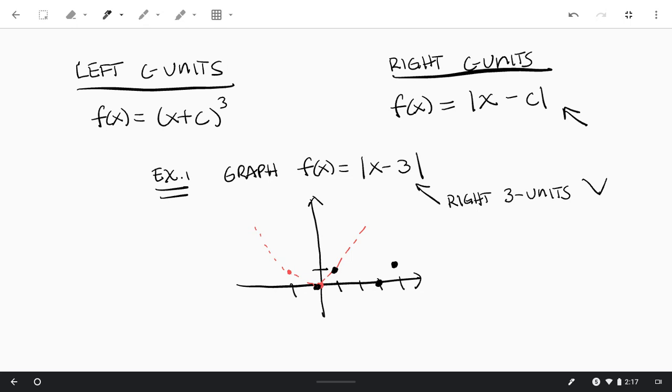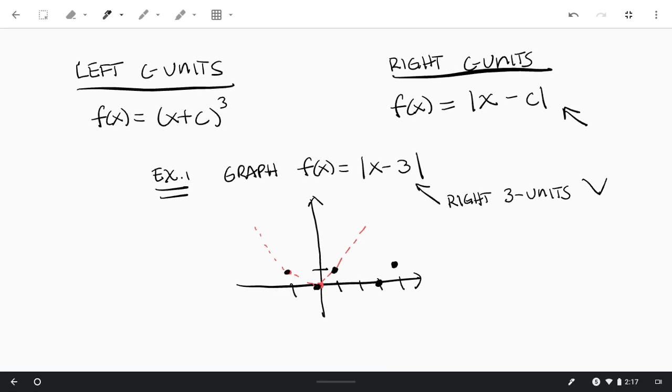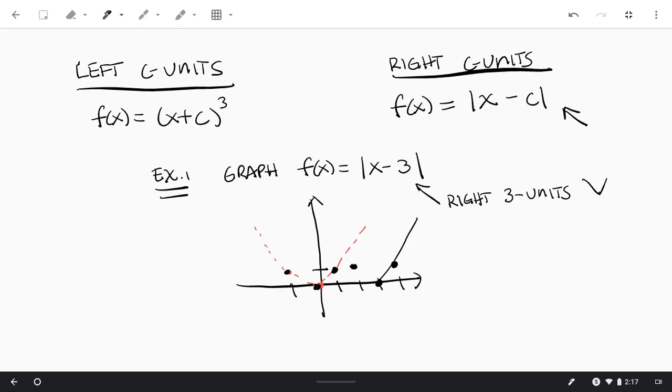So it is now over here. And then this one on the left will get shifted 3 units to the right as well. 1, 2, and 3. And now this is the new location for my 3 points, and this is the new location for my V.